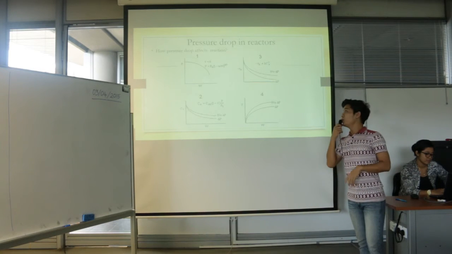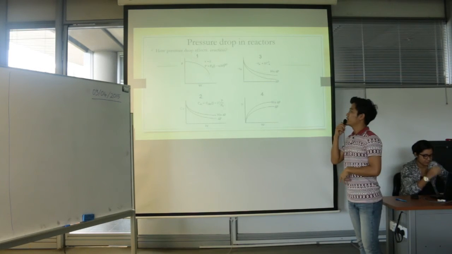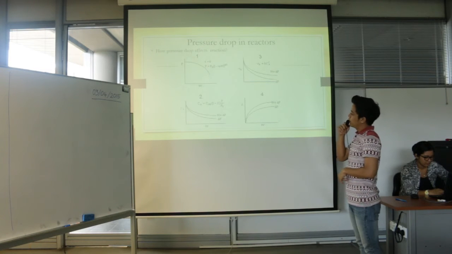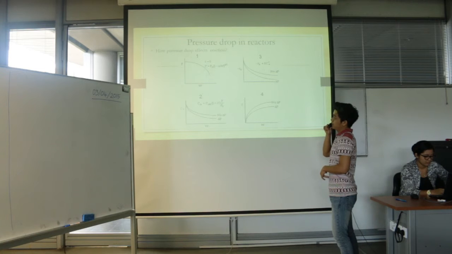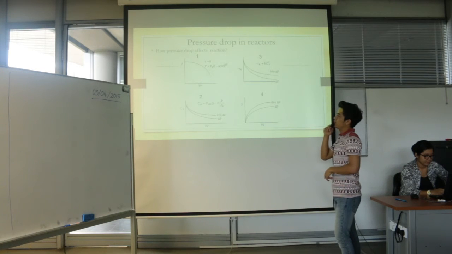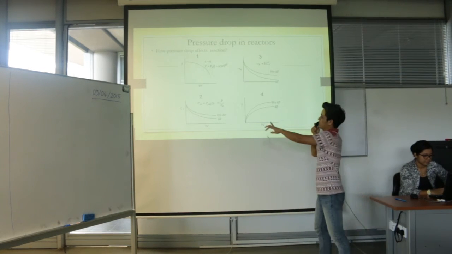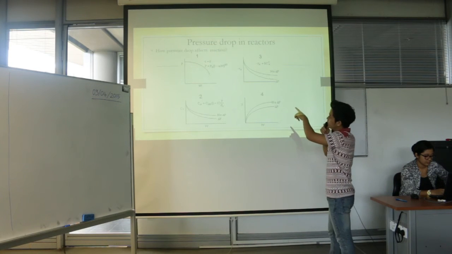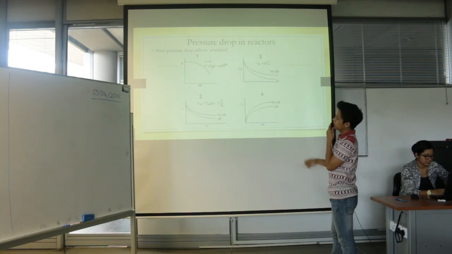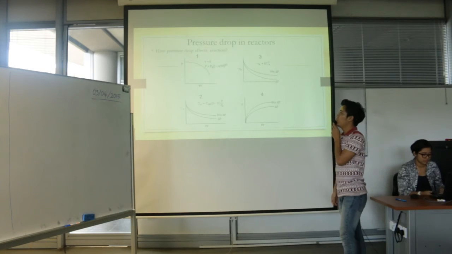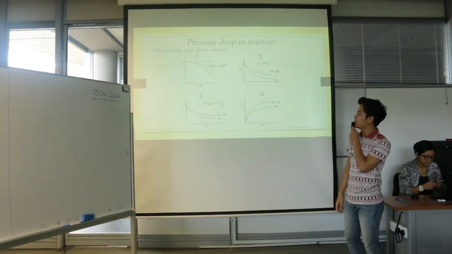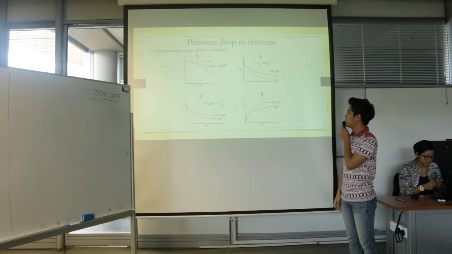Okay, the question is how pressure drop affects the reaction. So it affects the rate law, the epsilon, and also the concentration. So the first one is the epsilon value is 0 and P is equal to P0 (1 minus alpha W) to the power of 1 over 2.